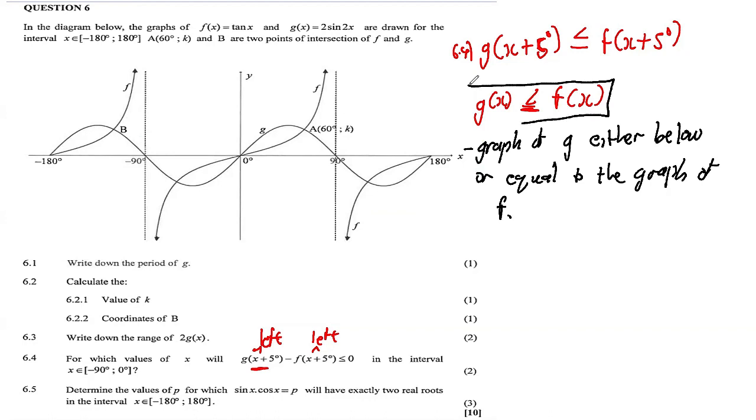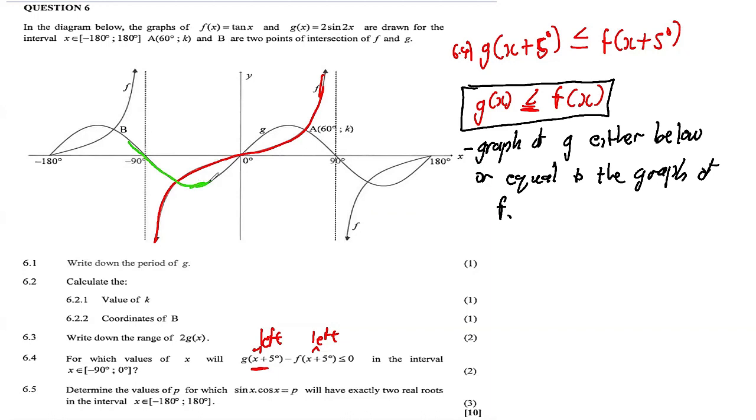So suppose we only have this. This is where the graph of g is either below the graph of f or at the same position with the graph of f. Now, if we were to locate that, let's highlight our graph of f as the red graph here, and then let's highlight the graph of g as the green graph, like that.